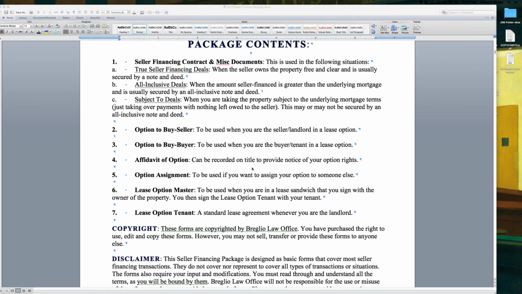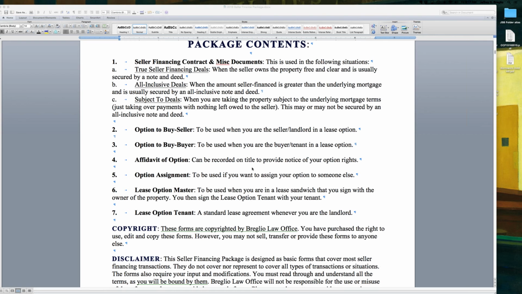That extra $25,000 belongs to the seller, but the seller is financing that, and so it's called an all-inclusive. It's usually secured with an all-inclusive note and deed, called an AITD, because that secures the seller's equity that they're also financing, and that AITD is sort of wrapped around that underlying mortgage.